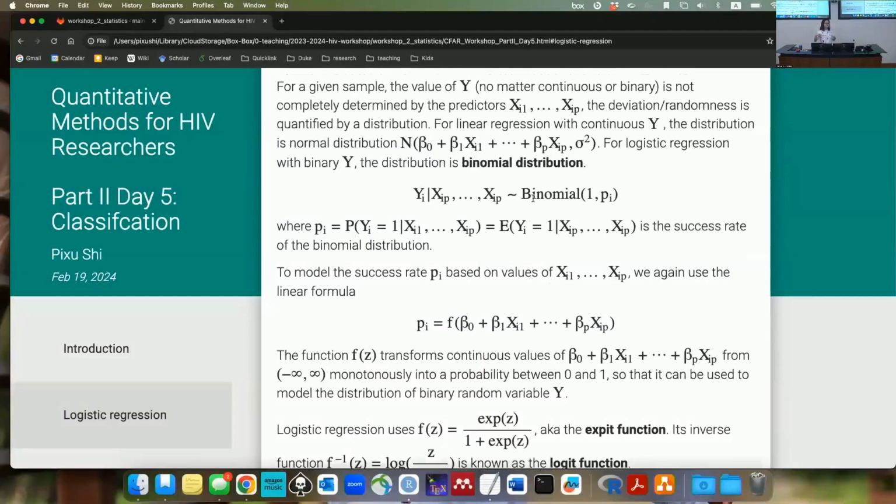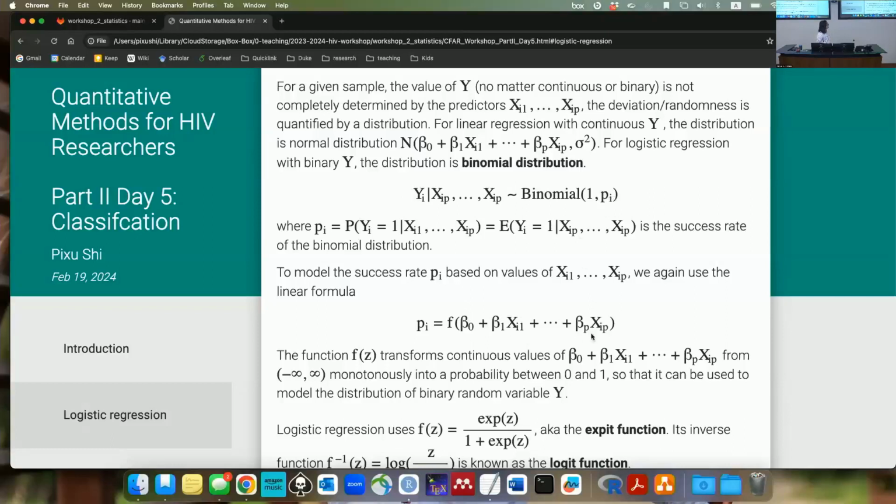If you flip more coins, your outcome will be 0, 1, 2, all the way to the end. For our case, we're only dealing with binary outcomes. So this special case of the binomial distribution is called the Bernoulli distribution, and it only has one parameter, P. So the expectation of your Y, your outcome, is completely determined here. It's just P.